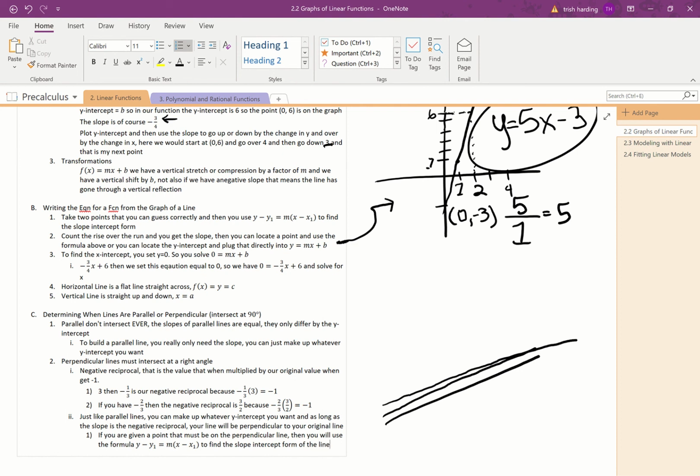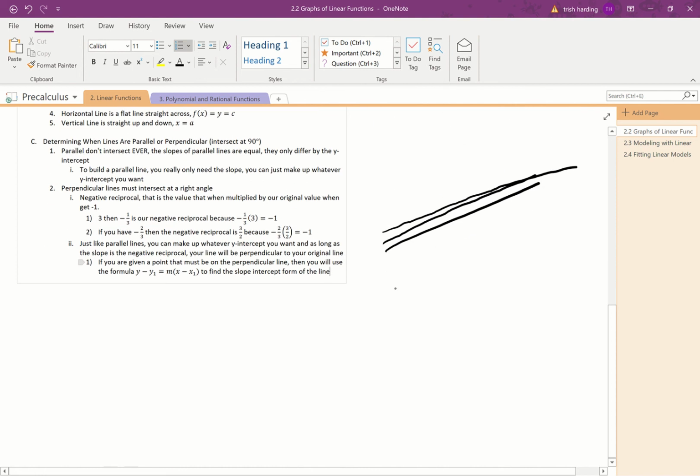You take the negative reciprocal slope of your original function and use that as m, and you take the point I give you and plug it in as x and y, if that makes any sense.